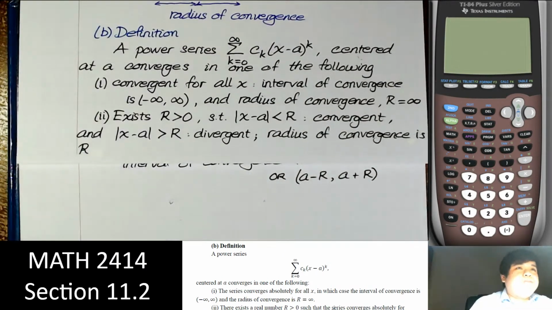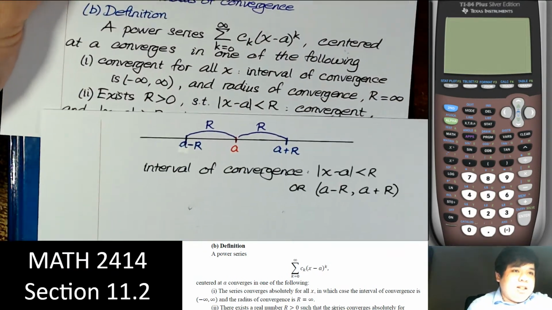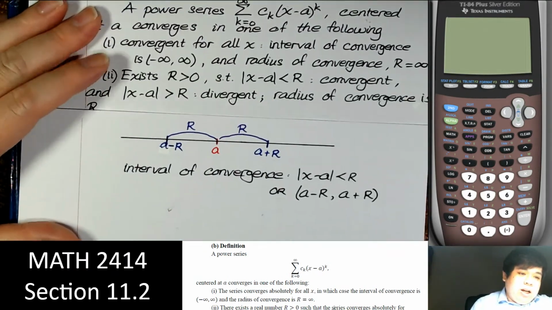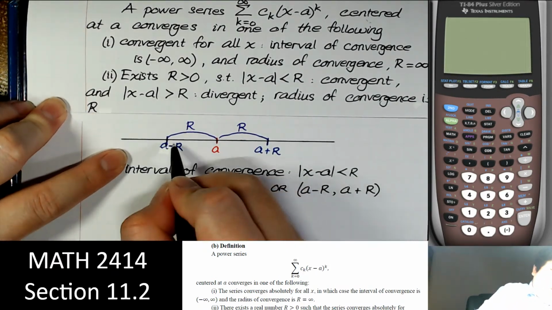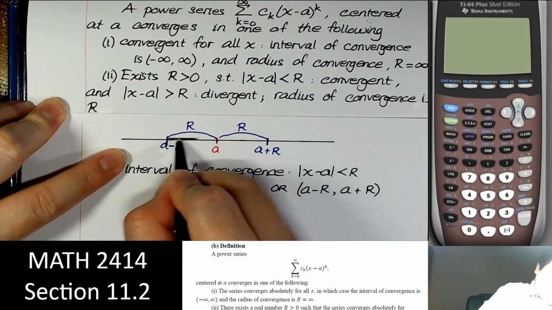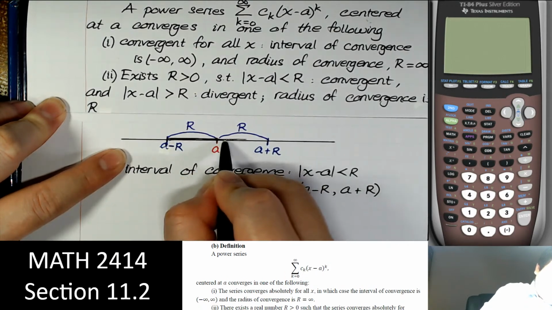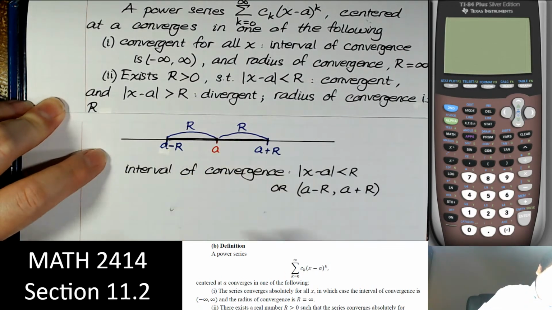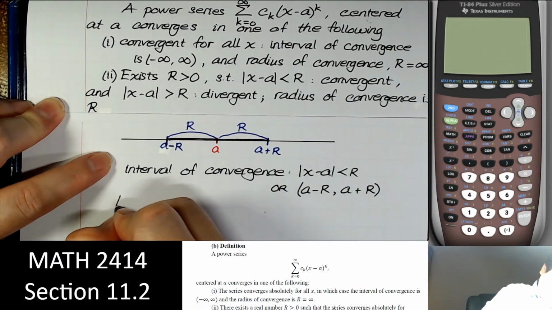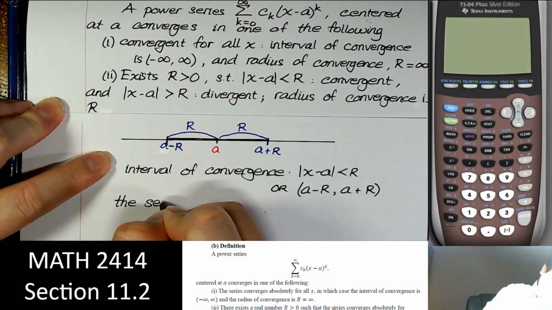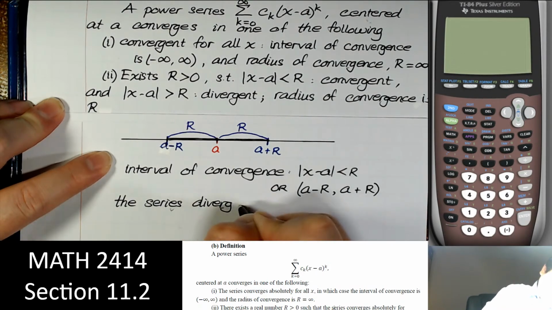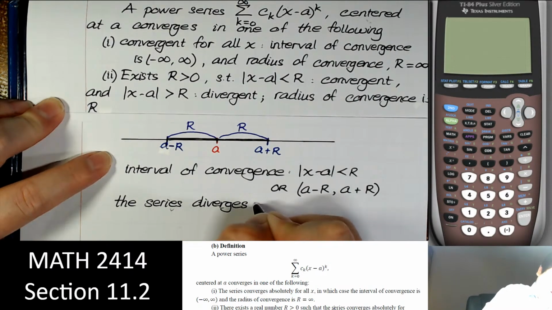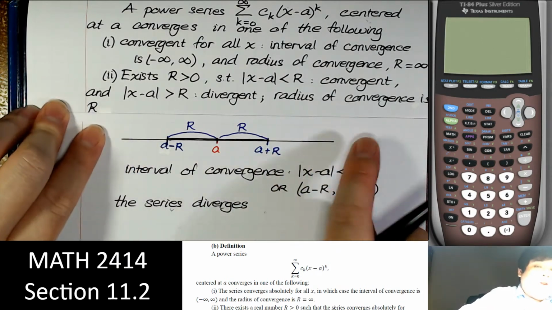or between those two points. However, here's a tricky part. If it is between those points, the series is convergent. It is divergent if it is outside for sure. So the series diverges if the number is on the outside.